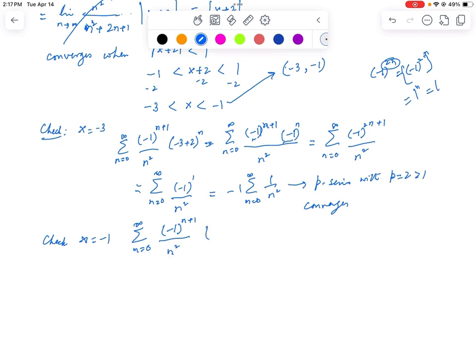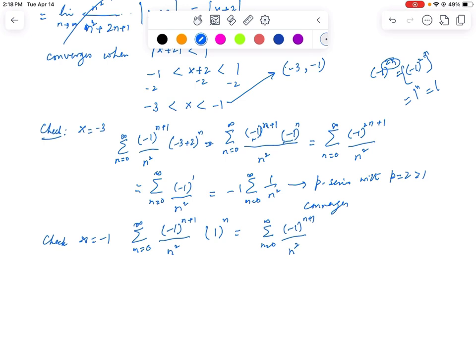So negative 1 plus 2 will be just a 1. So which is equal to summation negative 1 raised to n plus 1 over n squared.